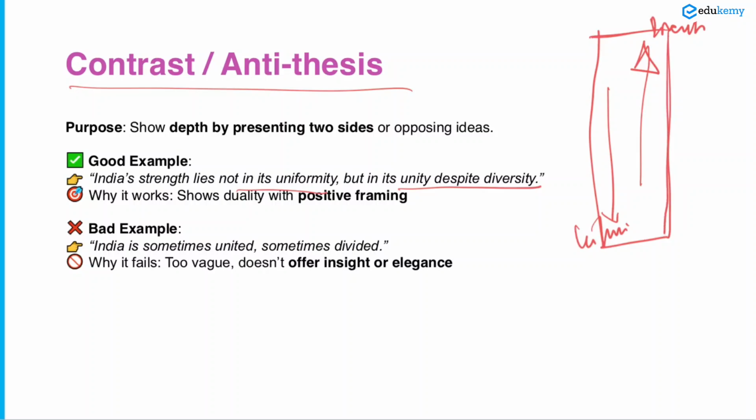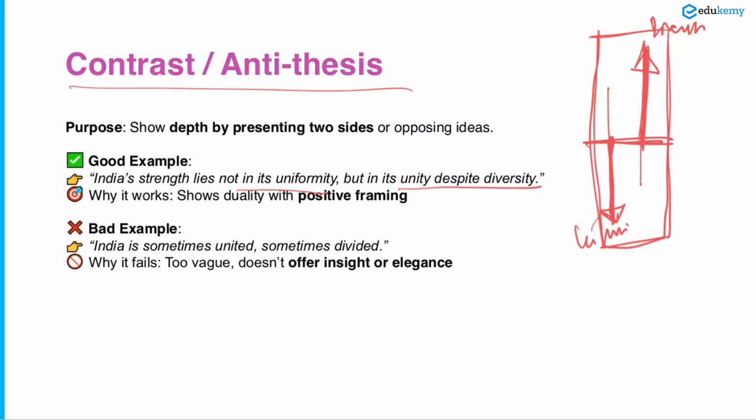So it is taking these two concepts and putting them in one sentence, because in one go you are telling the reader that not only do I know about this, I also know about the lack of this, right? So you're communicating two ideas at the same time, and that's far more powerful than communicating just one idea. So this is contrast or antithesis.